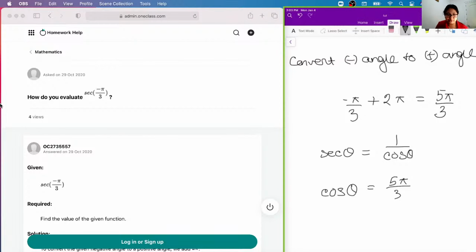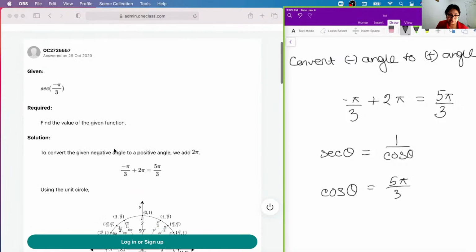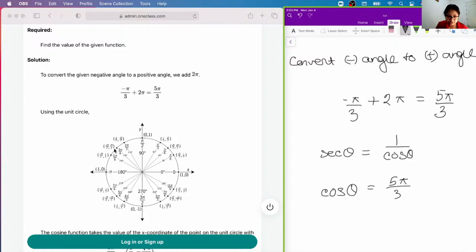So if we have this unit circle here, from this unit circle we can evaluate 5 pi over 3. And if you look over here, it's in the fourth quadrant, and you can see the x coordinates here. 5 pi over 3 is basically 300 degrees, and that is in your fourth quadrant.